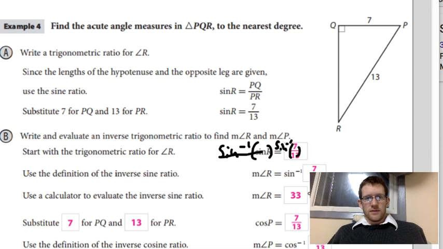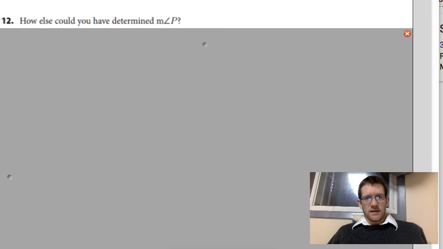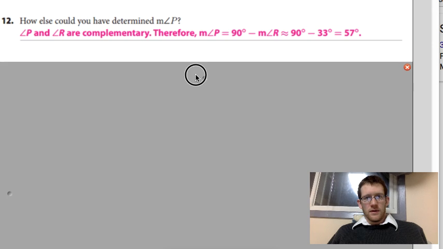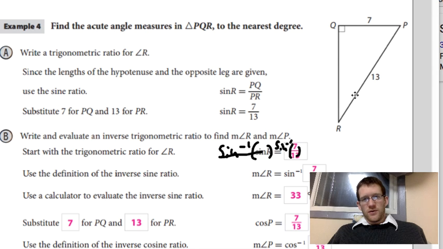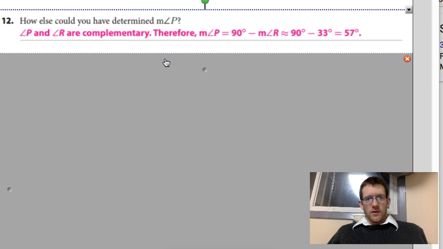We just know it's the triangle sum theorem, so we can just add these guys up. So just make it easy on yourself. Again, once you find two of the angles of a triangle, the third one doesn't require any trigonometry. Feel free to just subtract it from 90. And I'm really okay with that.